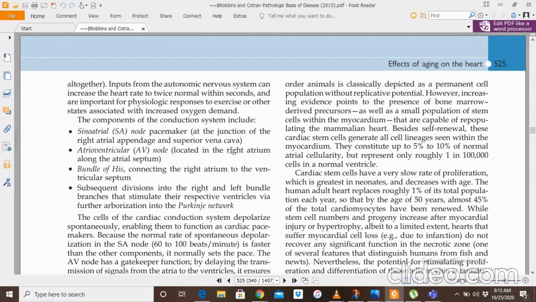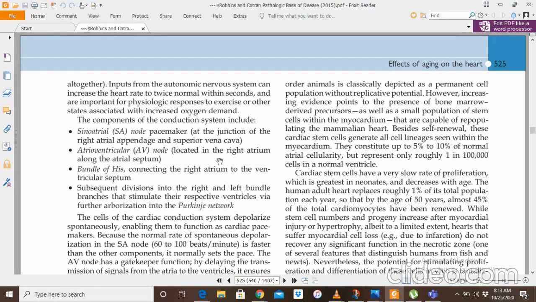So the SA node is the pacemaker of the heart because the rate of depolarization of the SA node is greater than the depolarization of the AV node, bundle of His, or the right and left bundle branches. So it acts as the physiological pacemaker of the heart, and it is present in the right atrium close to the opening of the superior vena cava.